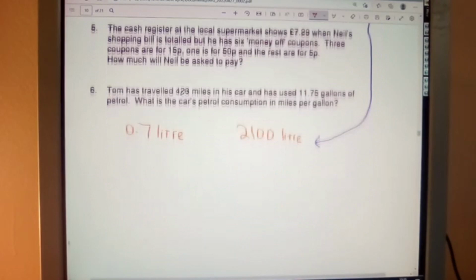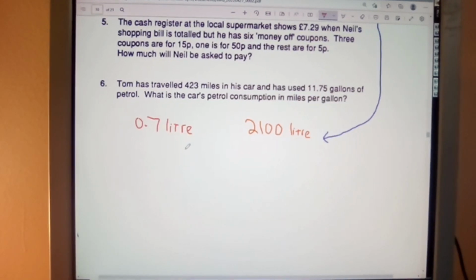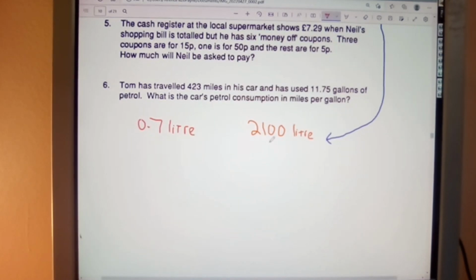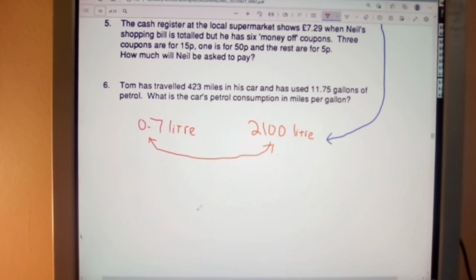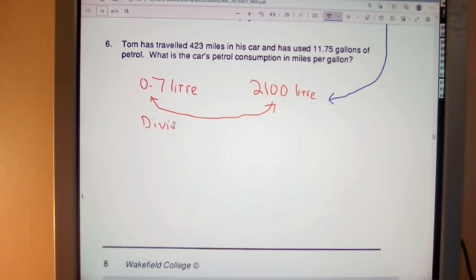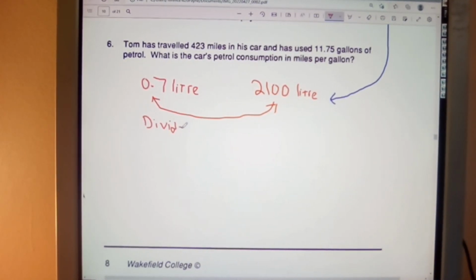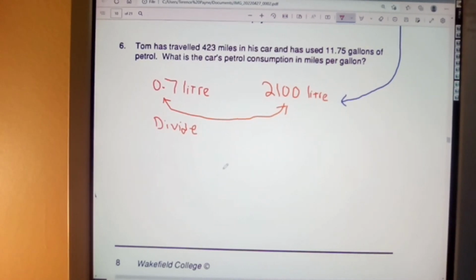Right, so we now need to divide that by that. So let me write it down. Divide, okay?